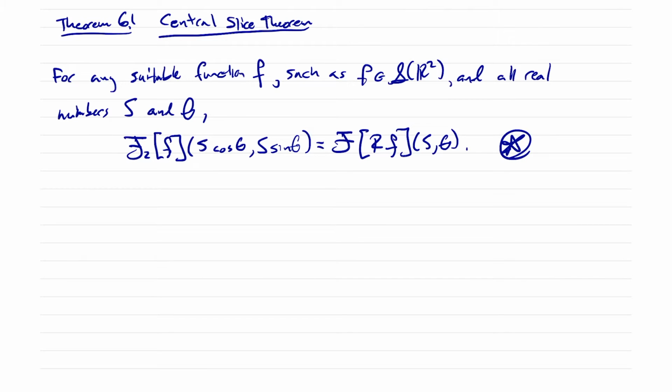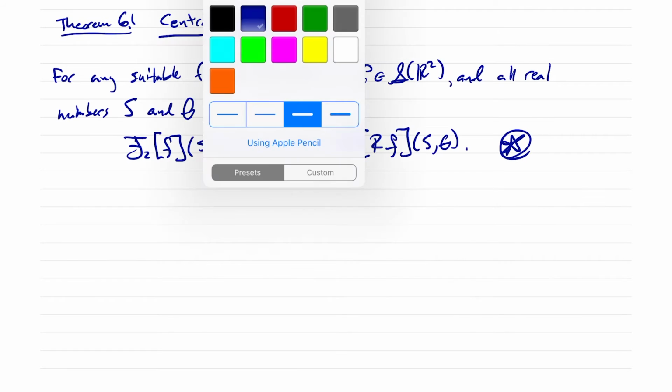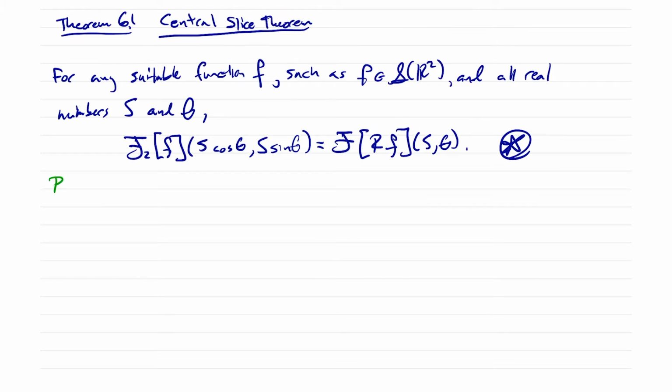Okay, so let's go ahead and go through this proof, and we'll start talking about it. So proof. Here, given f, and we'll just say it's in the Schwartz space of R2, and we're going to have real numbers s and theta.